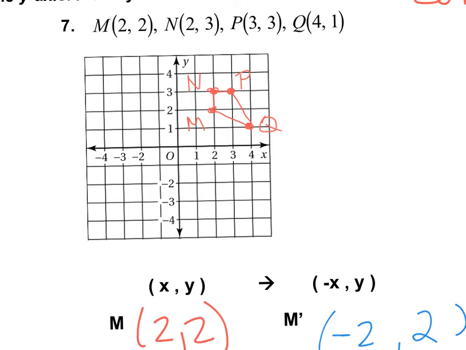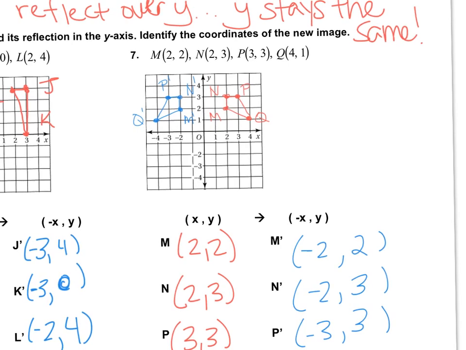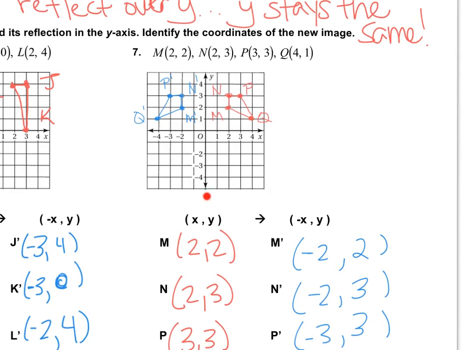So we have -2 up 2 is your M prime. -2 up 3 is N prime. -3 up 3 is P prime. And -4 up 1 is Q prime. Connect the dots, and there is your image that is reflected over the y-axis.